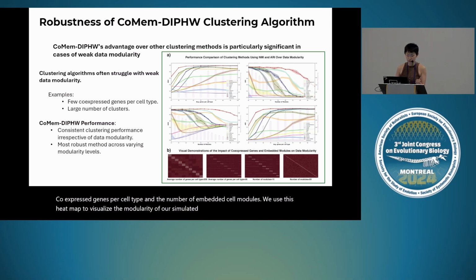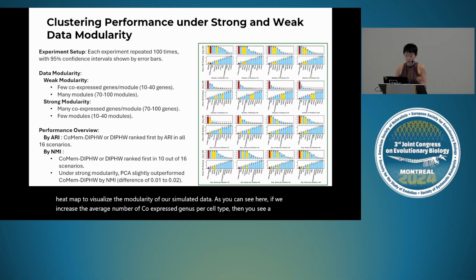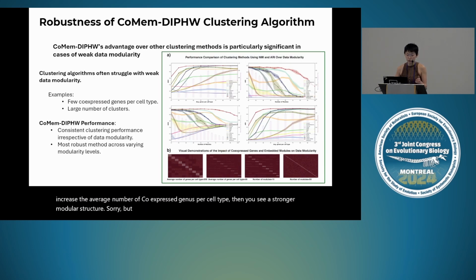As you can see here, if we increase the average number of co-expressed genes per cell type, then you see a stronger modular structure. But if, on the other hand, you increase the number of modules embedded in a single-cell RNA-seq data, the modularity is going to decrease. Like here, you can barely see any modular structure.